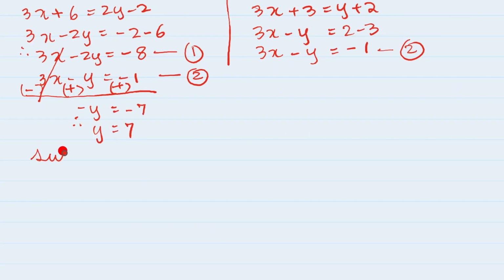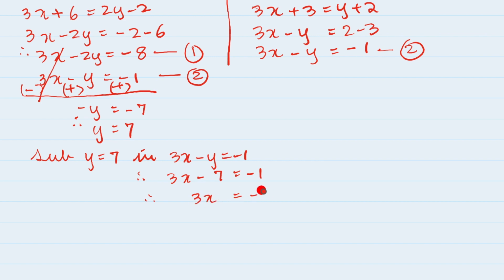Let us substitute y equal to 7 in this easier equation, 3x minus y equal to minus 1. Therefore 3x minus 7 equal to minus 1. Therefore 3x equal to minus 1 plus 7.